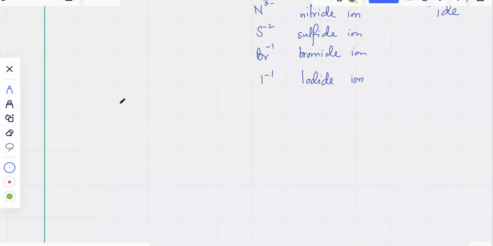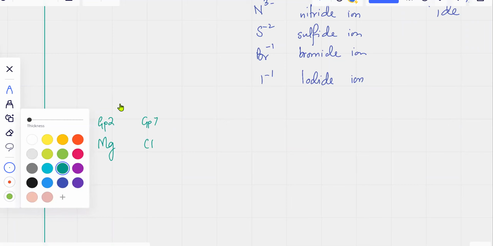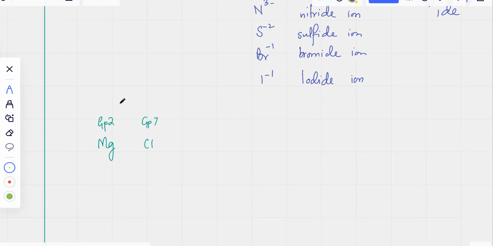Tell me, I've got magnesium, which is group 2, and I've got chlorine, which is group 7. So what is going to be the formula of this thing? कोई भी बता दे. MgCl2. ठीक है, so it's going to be MgCl2.